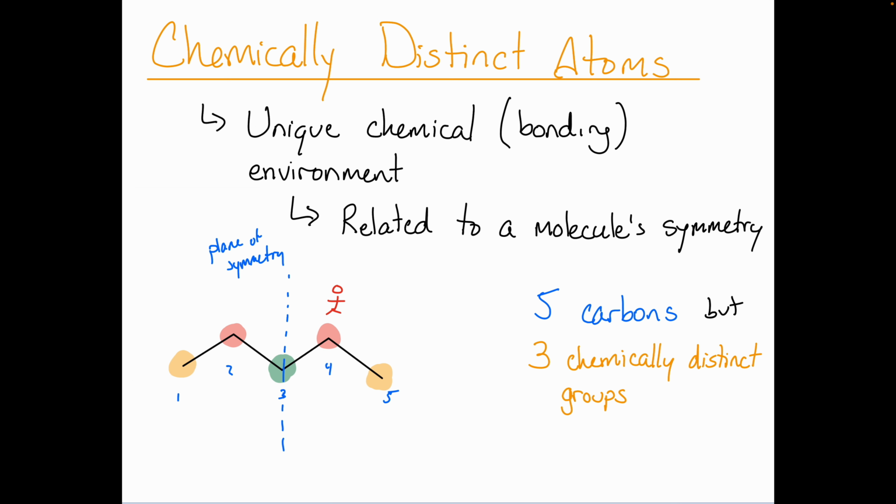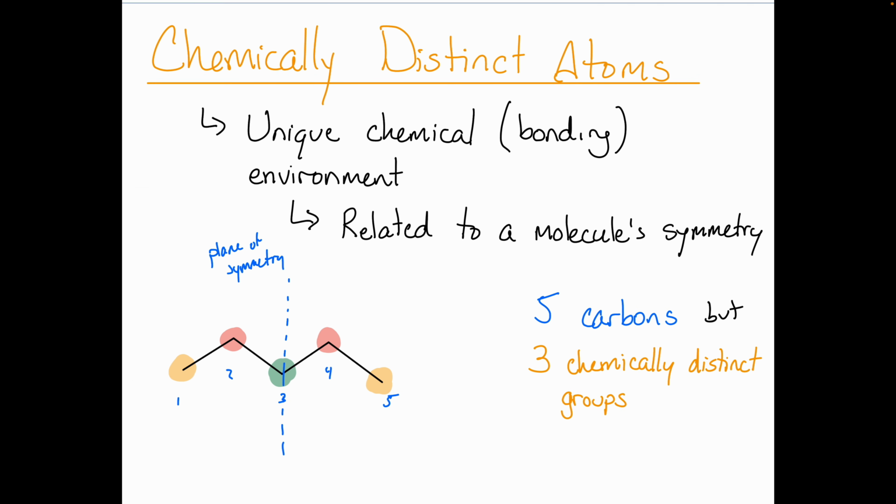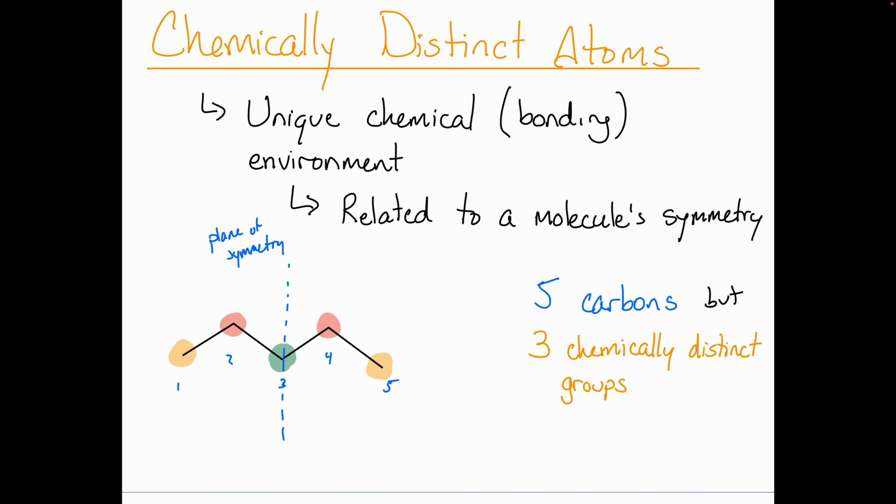Since these orange ones are mirror images of one another, they're in the same chemically distinct group. These red ones are mirror images, they're in the same chemically distinct group. The one on that plane is all by itself. So here are my 3 chemically distinct groups of carbons: carbons 1 and 5, carbons 2 and 4, and then carbon 3 is all by itself.